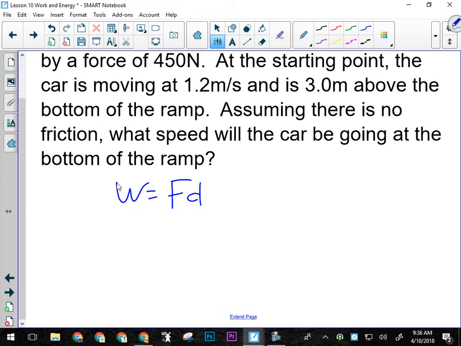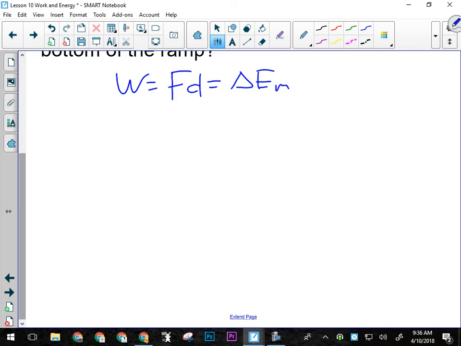0, right? But we also have to remember that work is not only force times distance, it is also the change in mechanical energy. Meaning that force times distance equals our final mechanical energy, so that would be EP final plus EK final, because that's how we calculate mechanical energy, add potential and kinetic, minus EP initial plus EK initial.